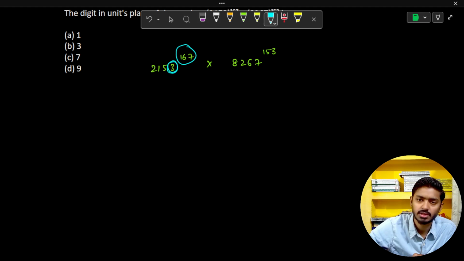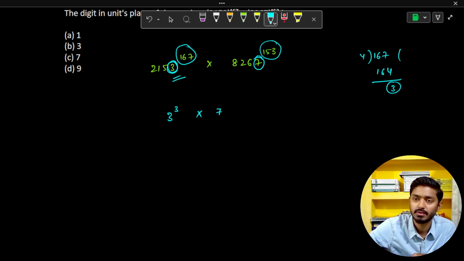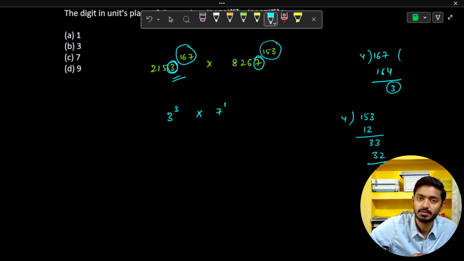We use the unit digit only, 3 to the power 3, right? 167 divided by 4 would give us 164 and 3 as a remainder. We just use the unit digit because we are supposed to find the unit digit. Multiplied, again we'll use the unit digit only, and we'll divide 153 by 4. We get 12 and 33, 32, left with 1. So that would be 7 to the power 1.